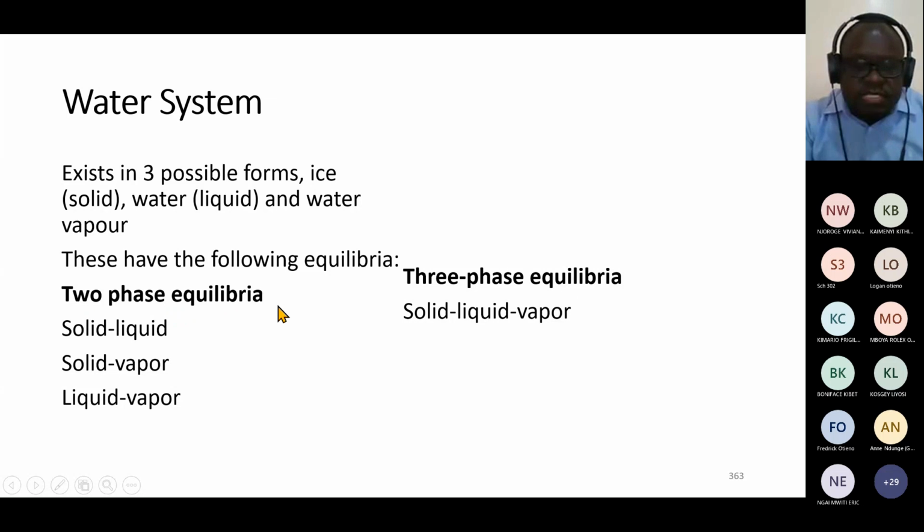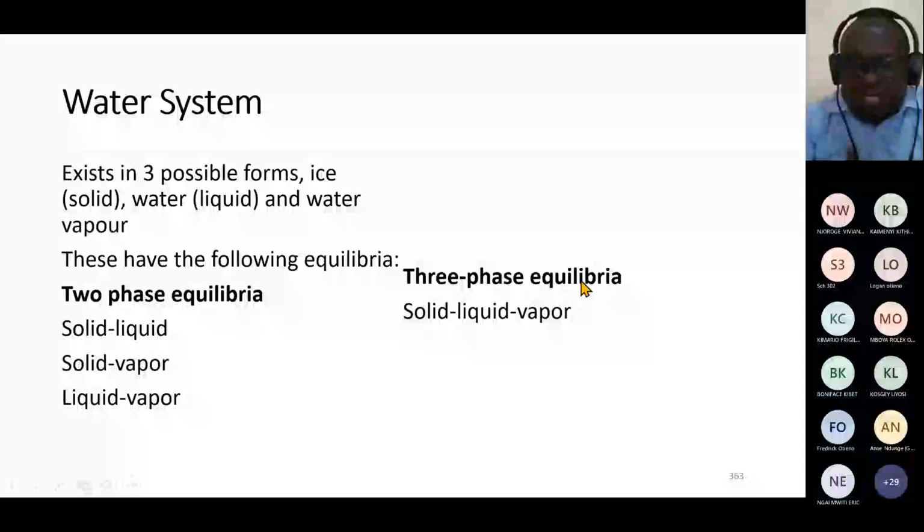So 2-phase equilibrium means that you can have two phases in equilibrium. You can have the solid and the liquid in equilibrium. You can have the solid and the vapor in equilibrium. And you can have the liquid and the vapor phases in equilibrium.